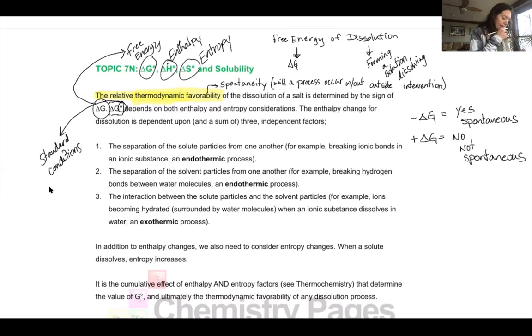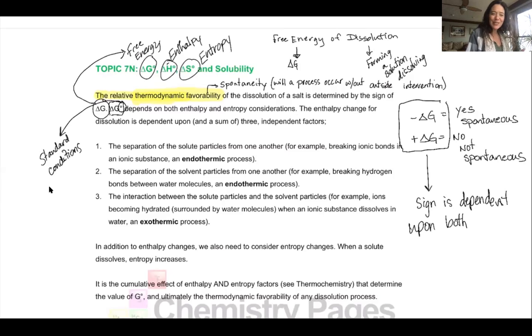Okay, now the sign of delta G is dependent upon both enthalpy, delta H, and entropy. It's just so frustrating to be teaching this when we're not in thermochemistry right now. You don't know what entropy is yet, but that is delta S.